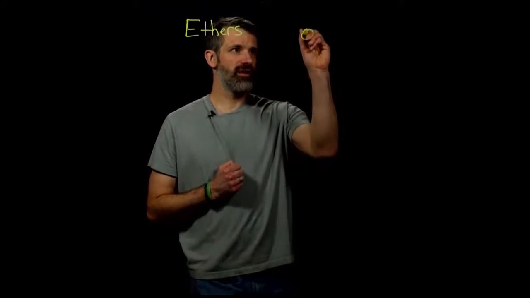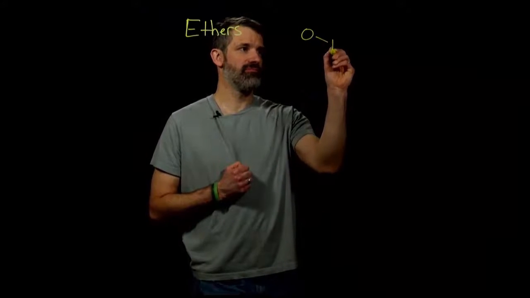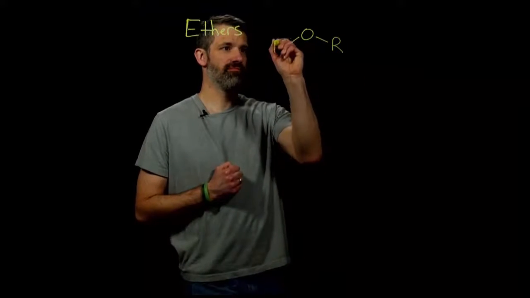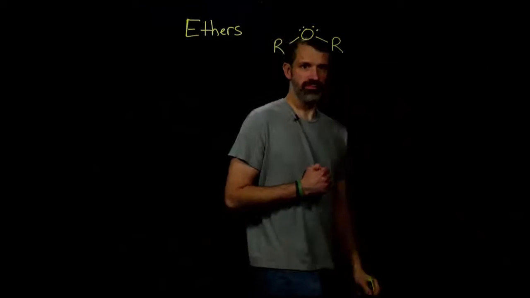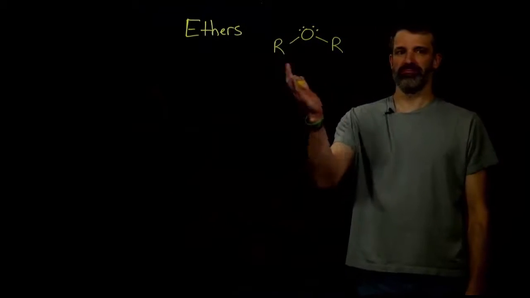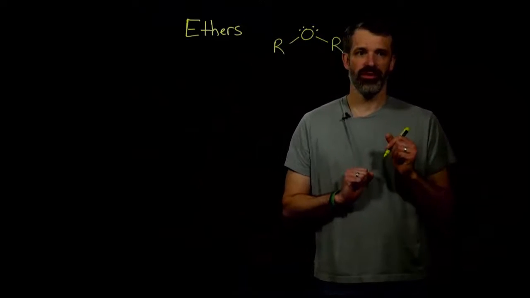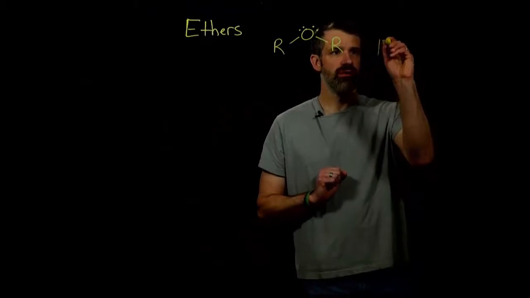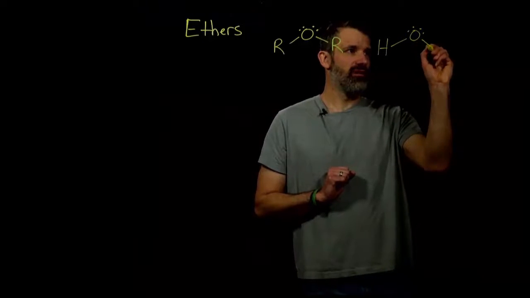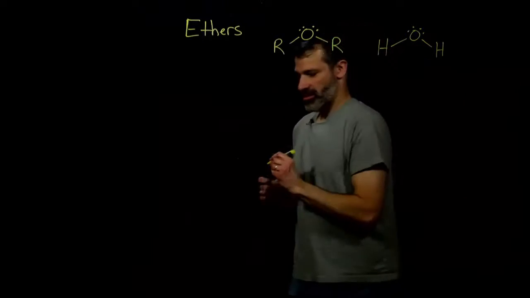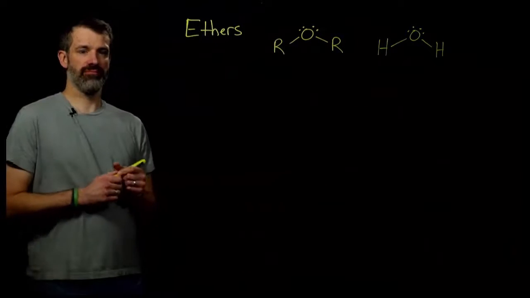In fact, ethers have the general form of an oxygen with two carbon-containing groups bonded on either side of it. You can think of ethers as being the dialkyl substituted version of water.